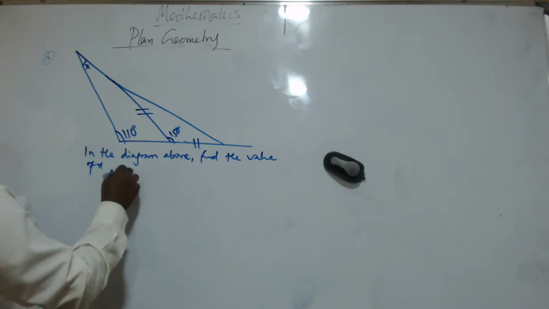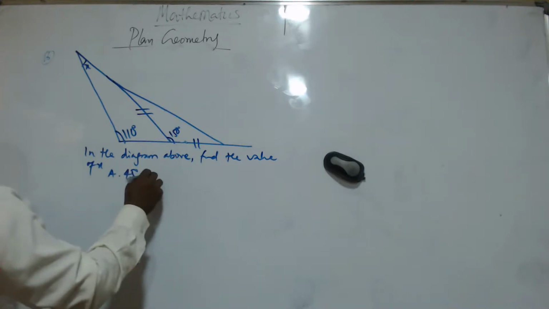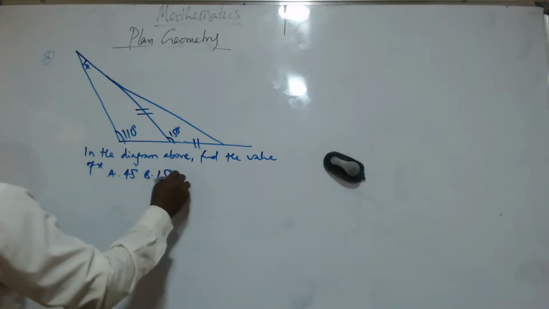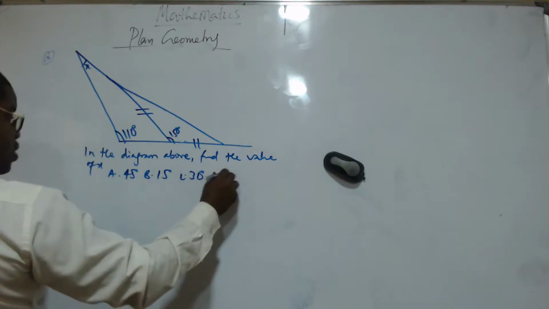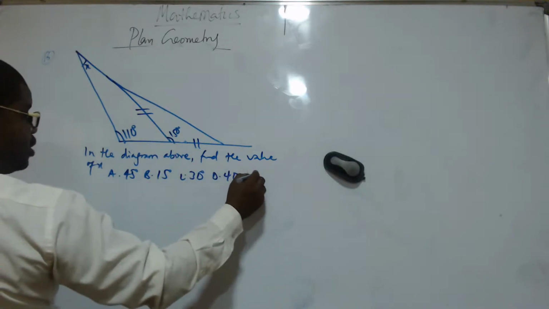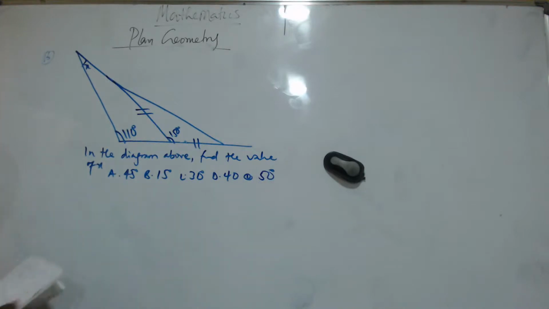A we are given to be 45 degrees, B 15 degrees, C 30 degrees, D 40 degrees, E 50 degrees.